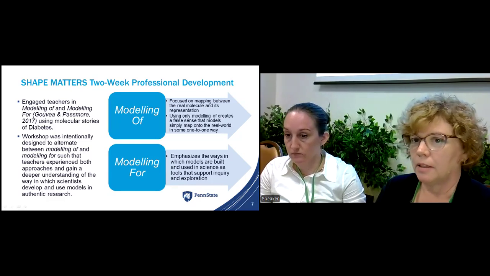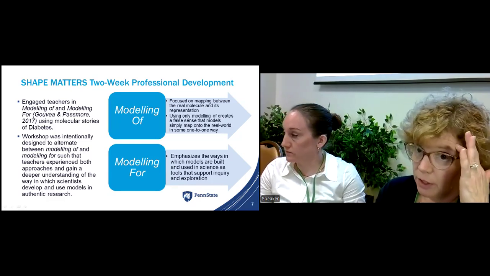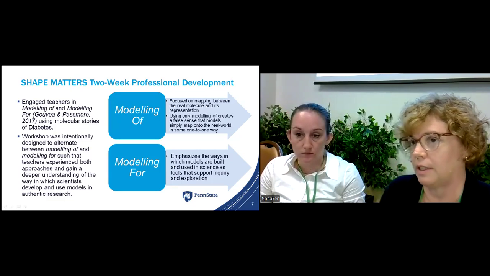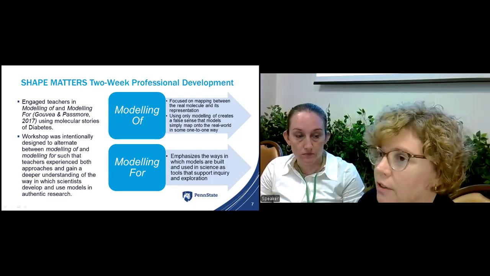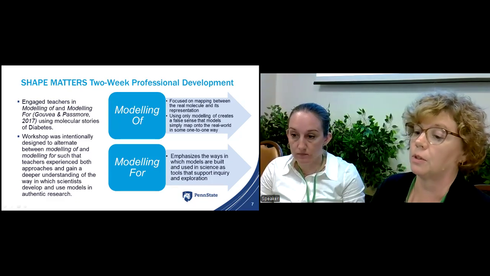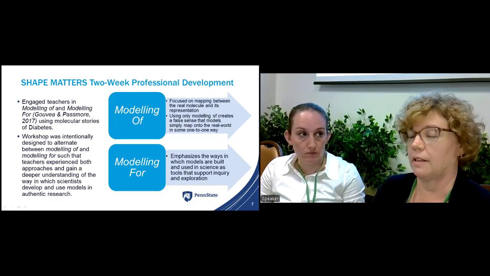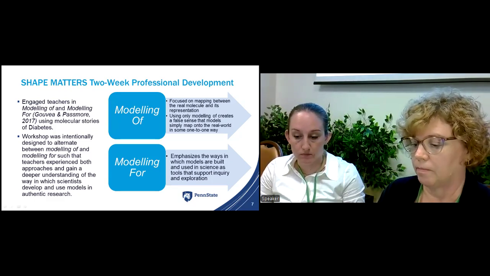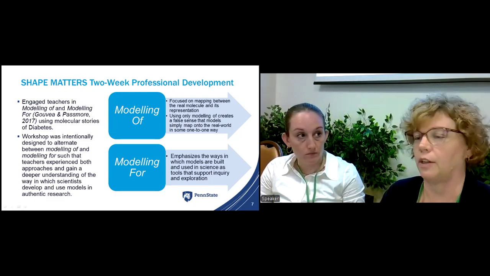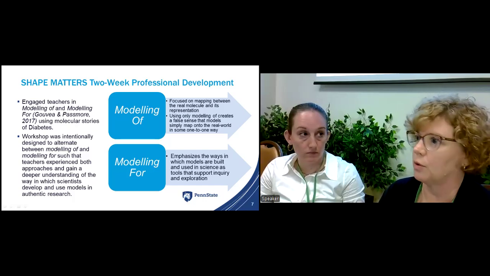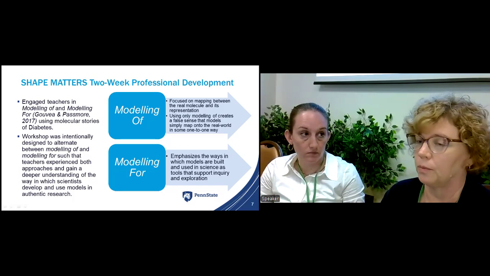So a little bit about the modeling of versus modeling for heuristic. What I just described, teachers' views of models, tend to follow these two portions. The modeling of has to do with representing something, say it's a molecule and you have the ball and stick models to represent where the atoms would reside in a particular molecule.